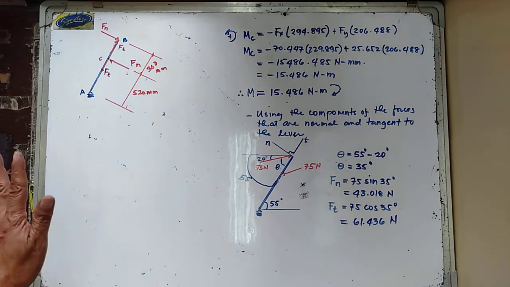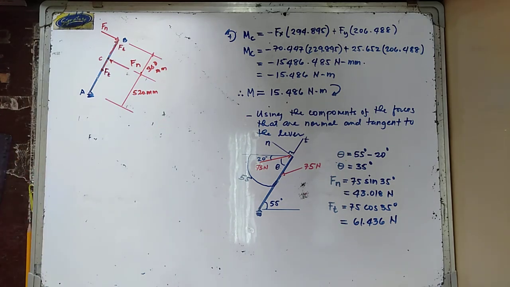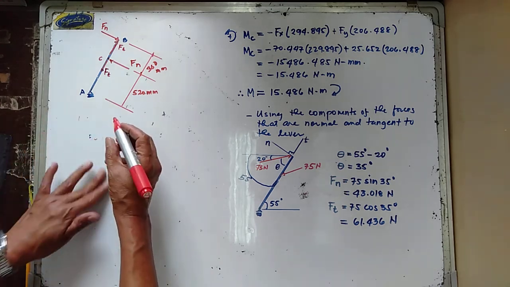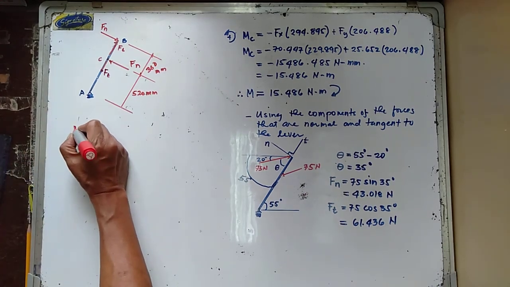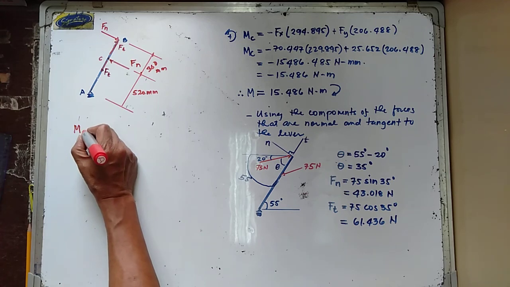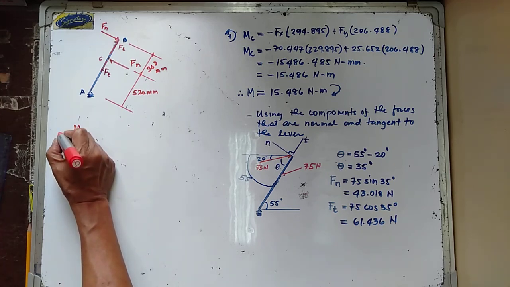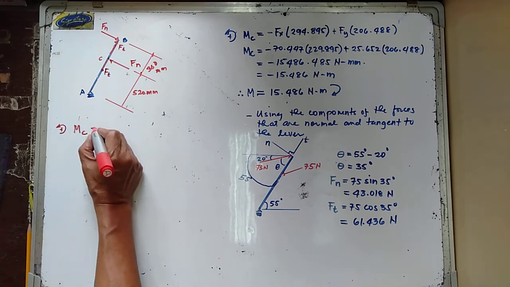Okay, so the moment produced by this couple is therefore equal to, if you try to get moment about point C, again, counterclockwise moment positive.